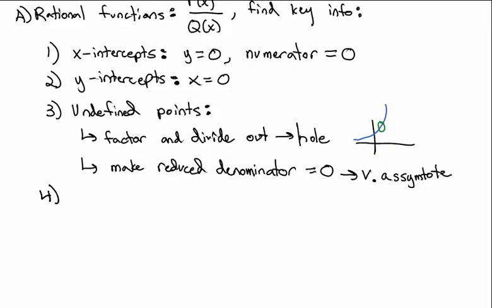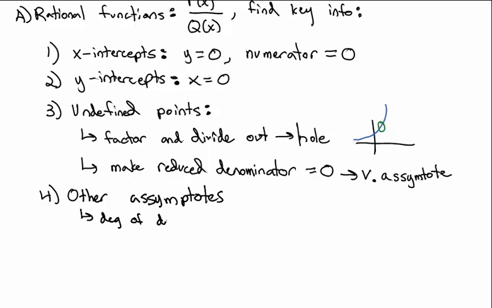The fourth thing we're going to find is any other asymptotes. And these other asymptotes can take one of 3 forms. One is if the degree of the numerator, actually let's start with the denominator.